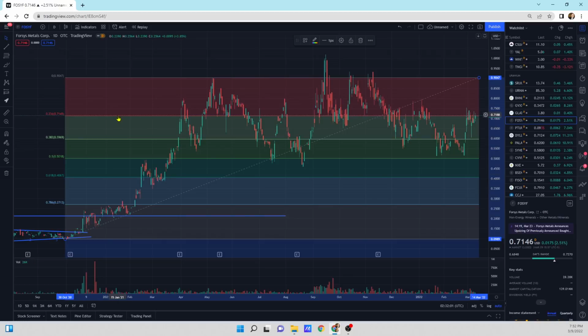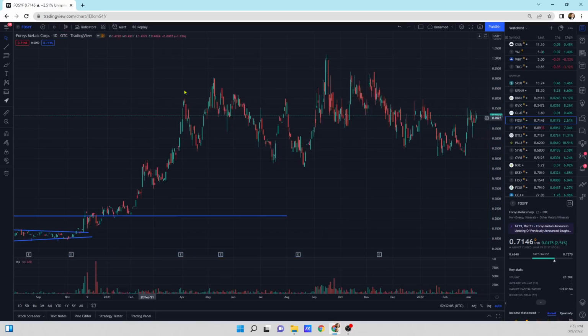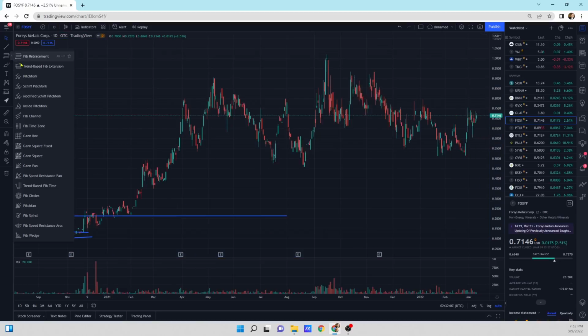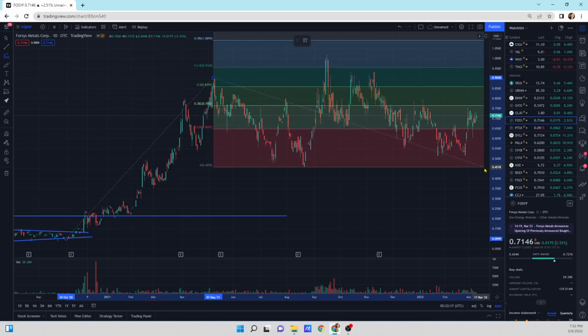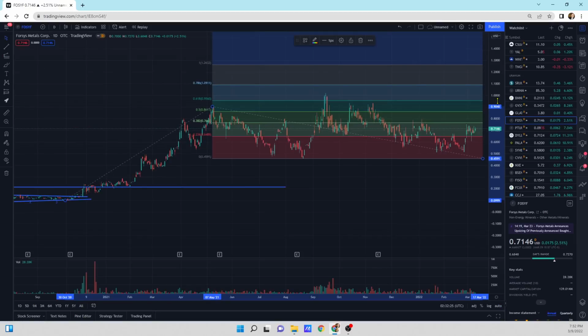Now, let's say we want to reverse this. So I don't want to know necessarily the retracement, but I want to see how far this could go up. So we're going to do a trend-based fib extension. So based off of this first move, we are going to guess roughly how much it's going to go up. And if it were to go up, we're going off the bottom here, and we kind of move on up.